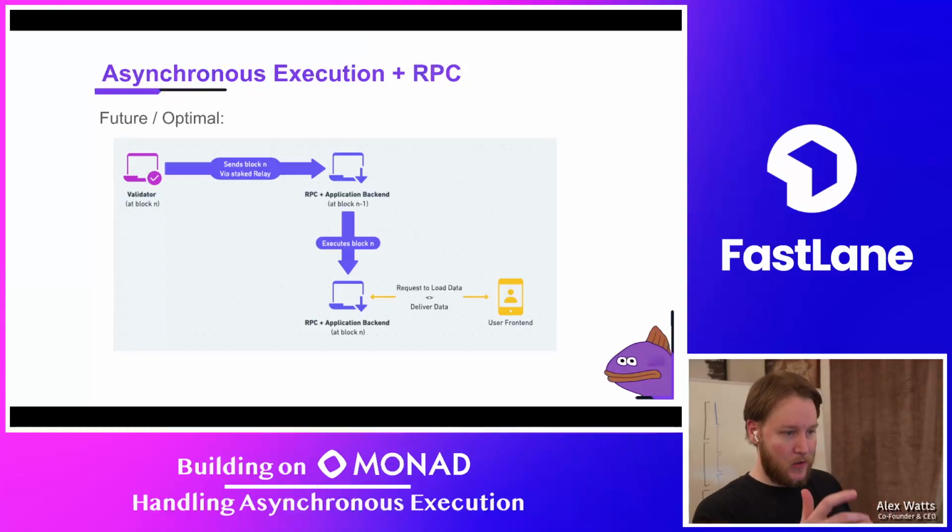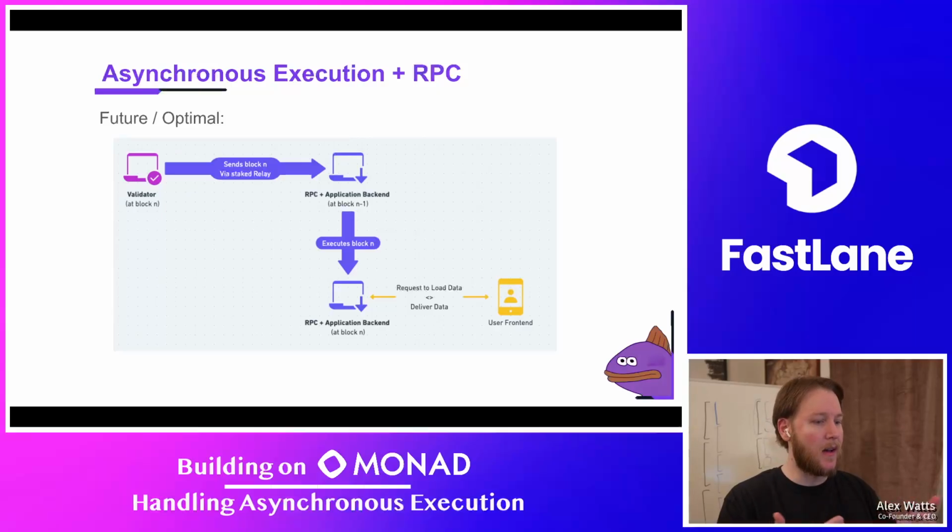In the future, ideally, I think what most apps would like to have is a scenario where they actually co-locate their own node or their own RPC with their backend. That way you don't have to have this network request in between the app's backend and the RPC, in which case you don't have to worry anymore about two network hops, one from the backend to the RPC, another one from the RPC to the backend.